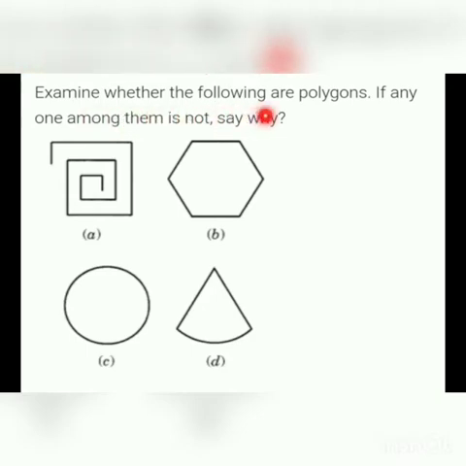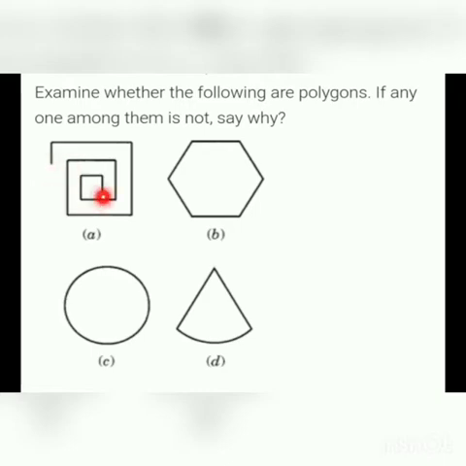Examine whether the following are polygons. If any one among them is not, say why. Here I am giving you 4 figures. We can see which are polygons and which are not. The first one is a figure with line segments, but if you closely examine, it is open here and here.